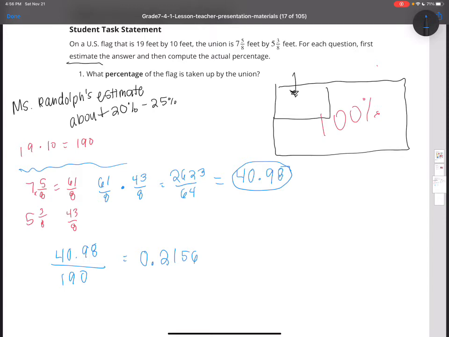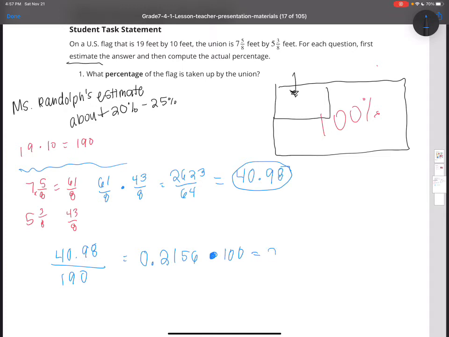So I want to convert this decimal to a percent. In order to convert this decimal to a percent, I want to multiply it times 100. By multiplying it times 100, it allows me to move that decimal place over 2 spaces to the right.